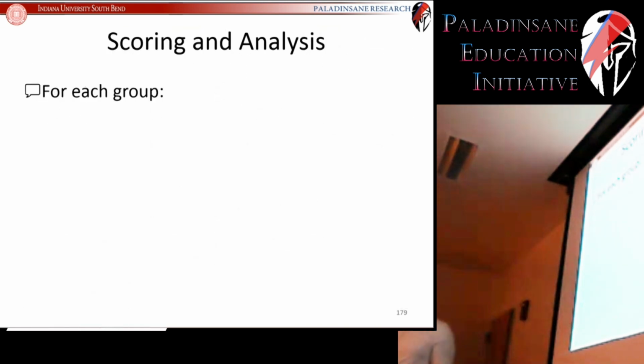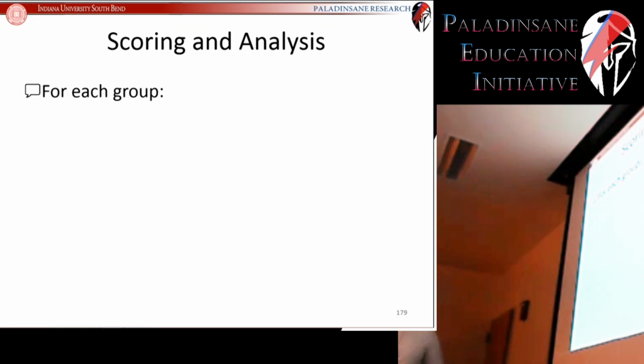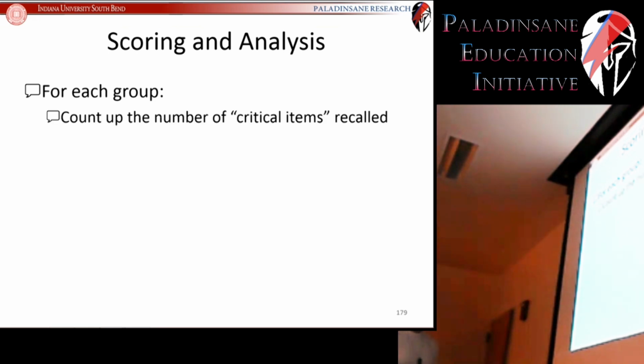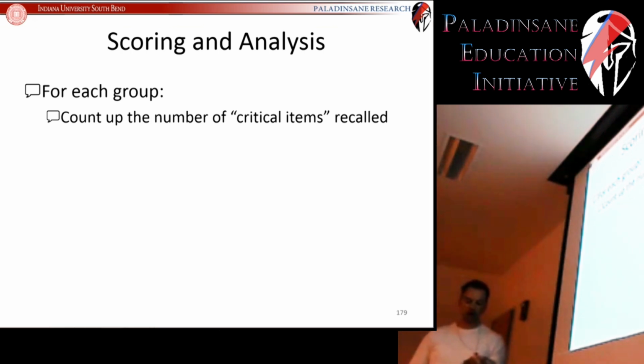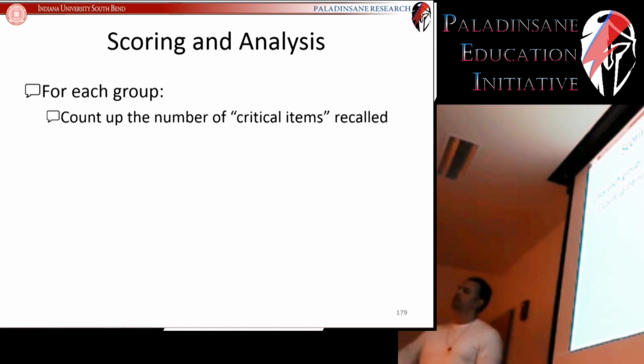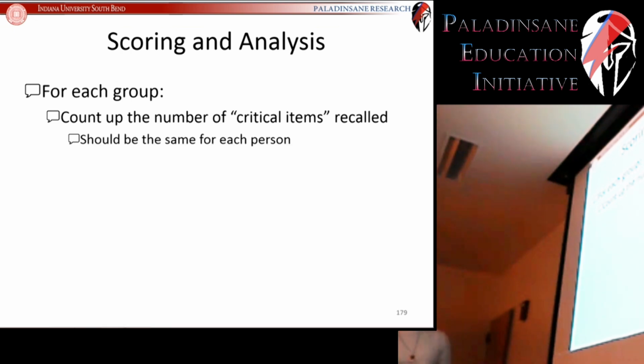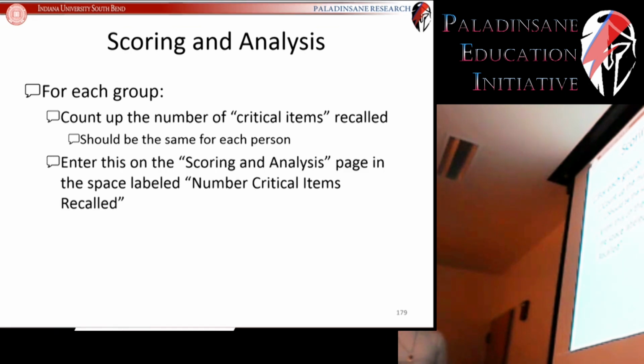But for now, we need to find out how many false memories did we have. So for this, you're going to count up the number of critical items recalled. And in this experimental design, critical items are the words that the lists were designed around, but were not in the actual presented words. So count up the number of critical items that you recall. This should be the same for each person.